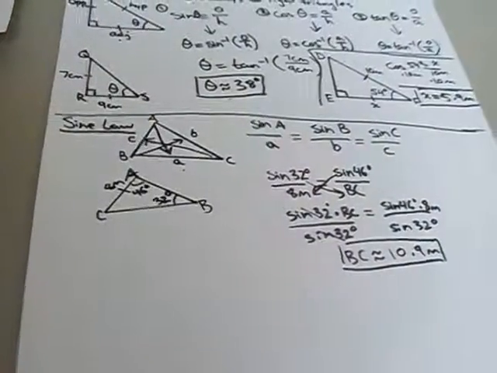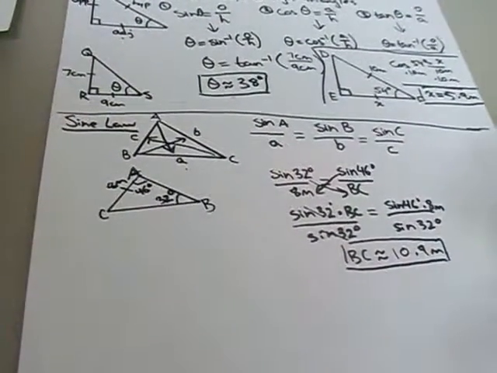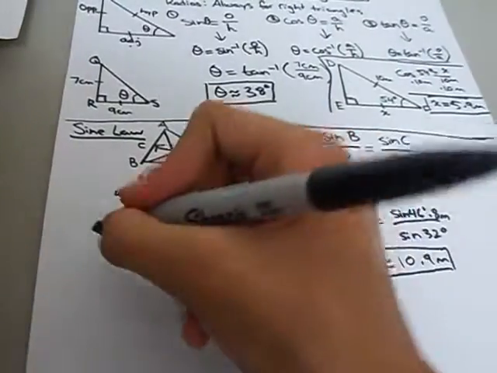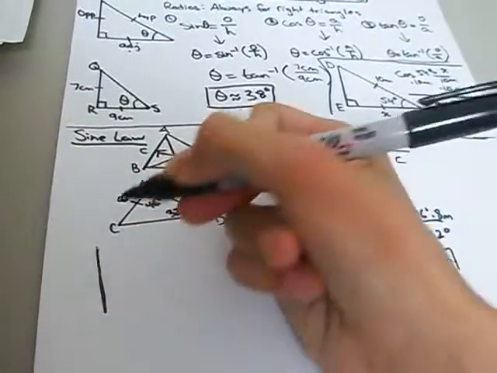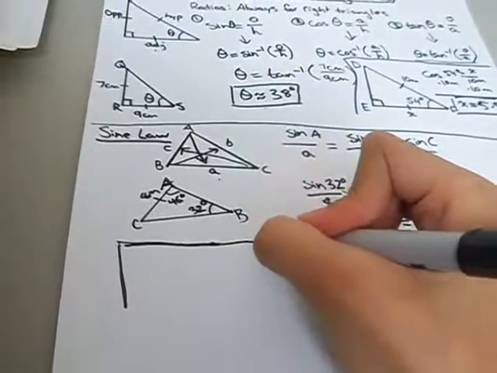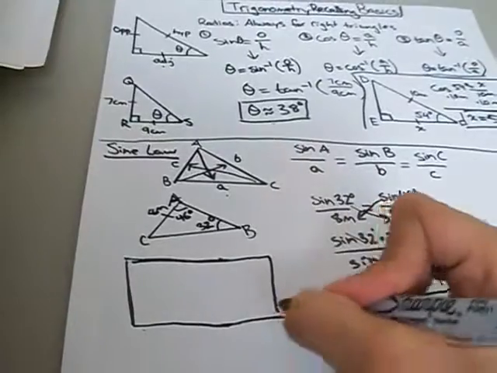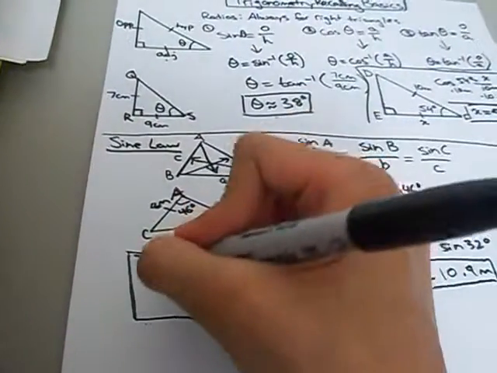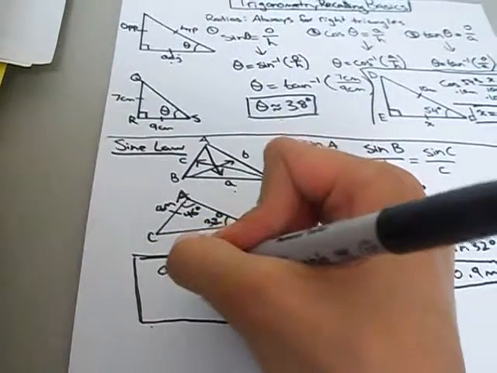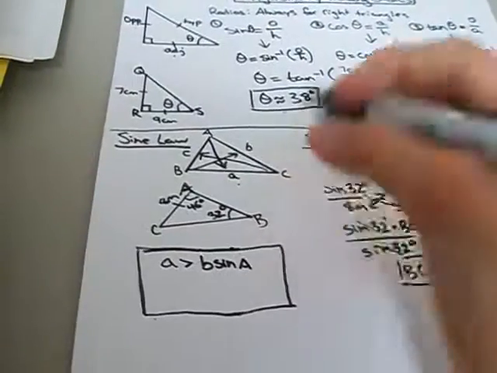So one way to determine if there are two solutions, one solution, or zero solutions, there's a trick you need to remember. So let me just draw a box here. Not the best box. If A is greater than B sine A, that means there are two solutions.